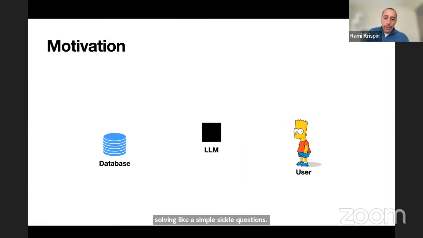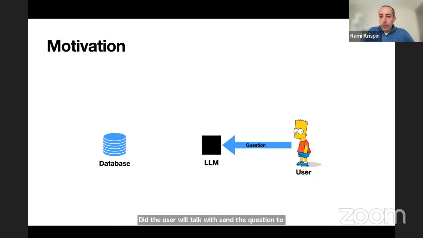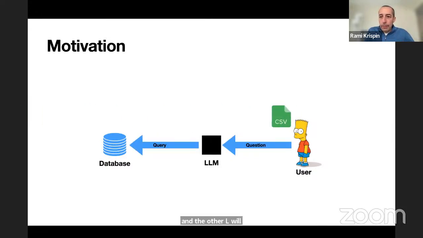For quite a while, when I saw people doing code generation with ChatGPT and other LLMs, I thought maybe it's a good use case to build something where the user sends a question to an LLM, and the LLM generates a query and returns the data directly to the user.